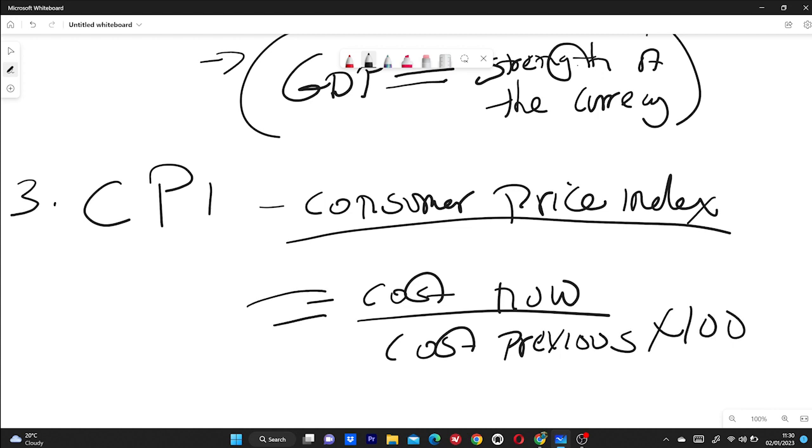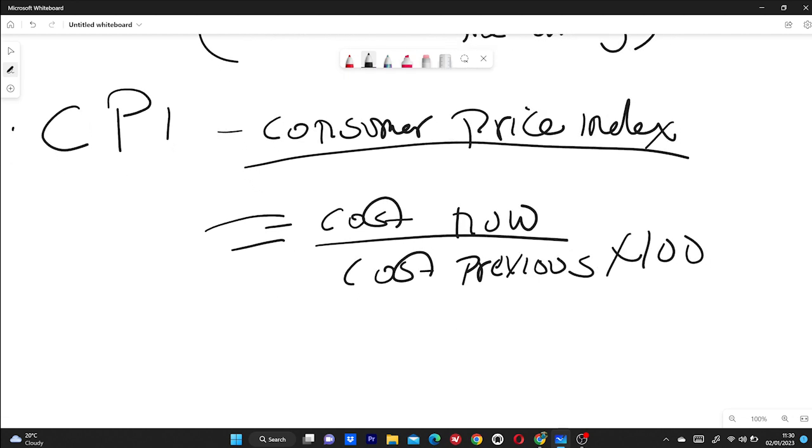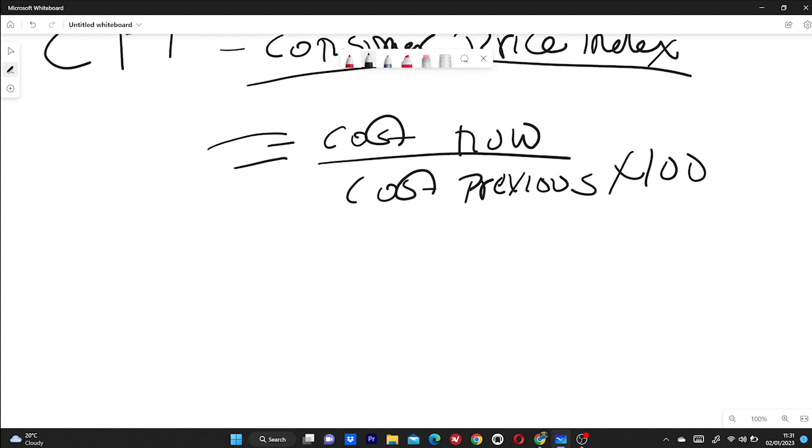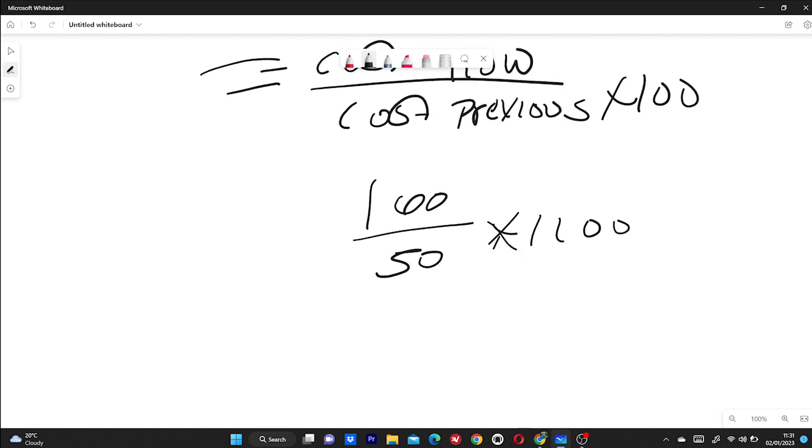The reason people look at CPI is because it has an effect on increasing or reducing rates in the future. For example, say the price of Brent is now 100 Kenya shillings, but the previous was 50, times 100. The price of Brent is 2, which is 200%.